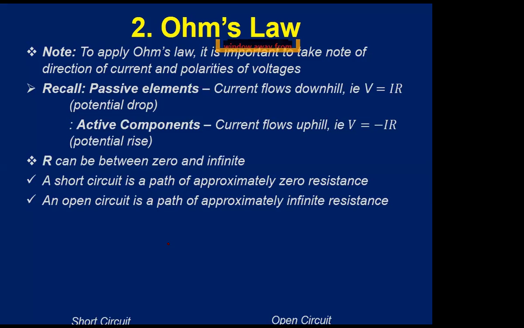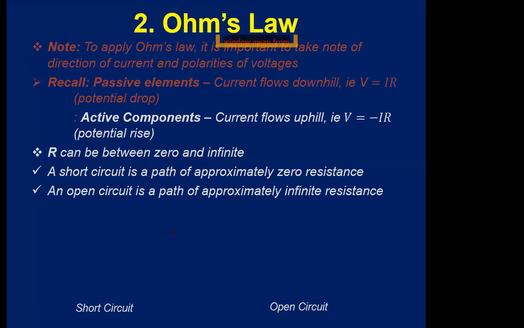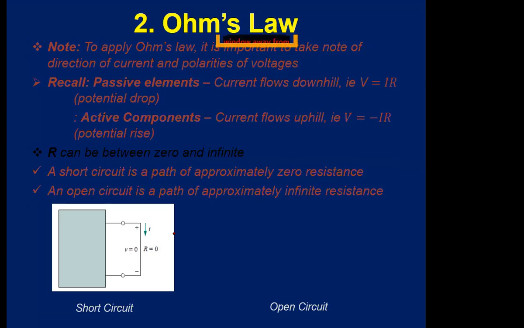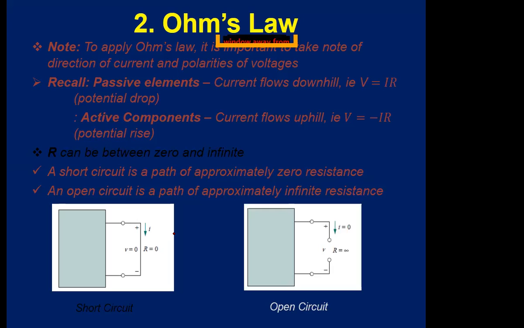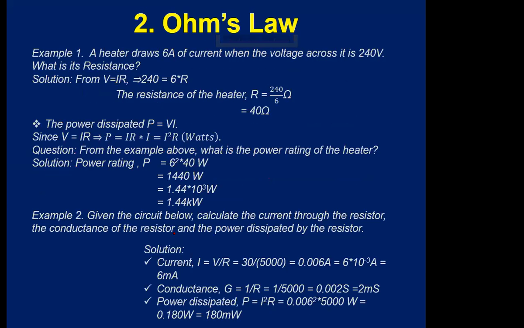So the value of resistance can be between 0 and infinity, where a path of 0 resistance is our short circuit, and the path of infinity resistance is the open circuit, right? When the path has 0 resistance, it's a short circuit and it has 0 voltage across it. When a path has infinity resistance, it has no current flowing through it and the maximum voltage determined by the source, right?